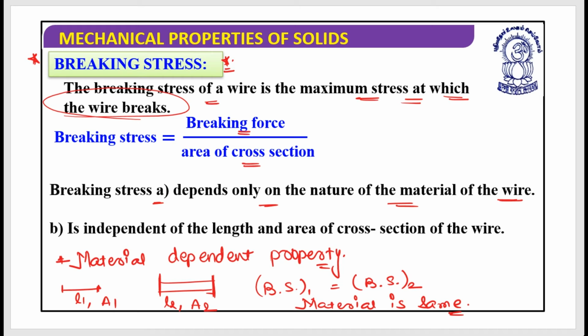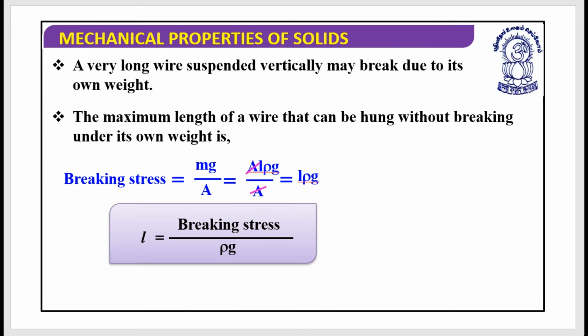So breaking stress depends only on the nature of the material of the wire, and it is independent of the length and area of cross section of the wire.